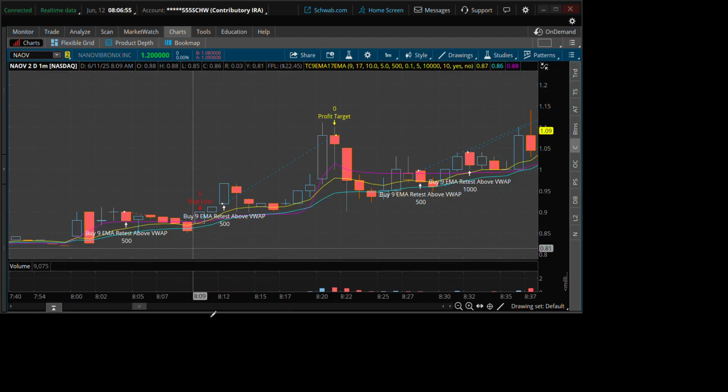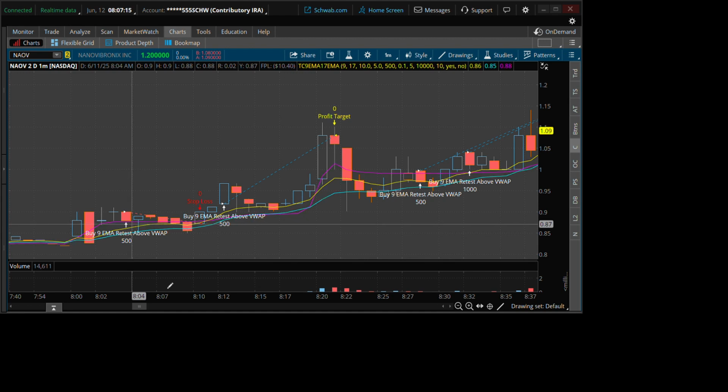Okay, so what you're looking at here is price went above the 9 EMA and it closed. So now you're asking yourself, why do I buy when it's above VWAP?